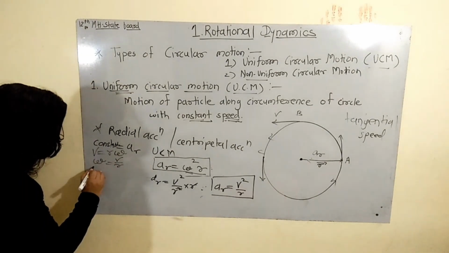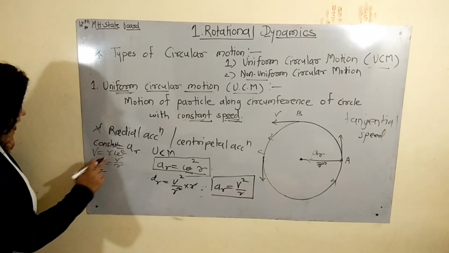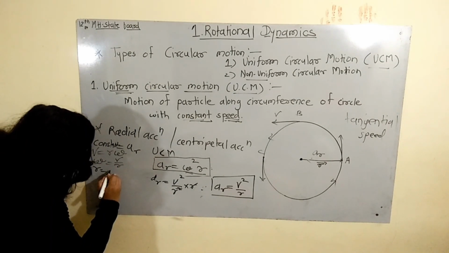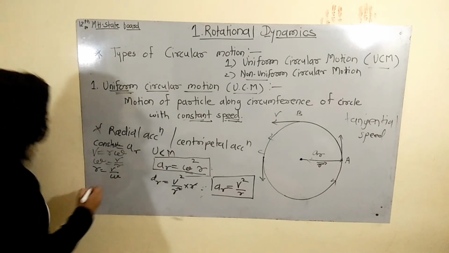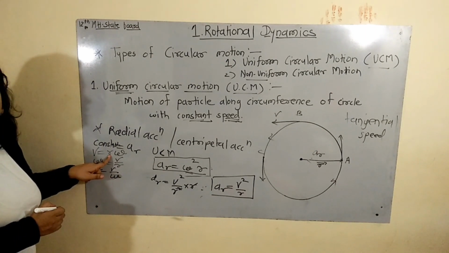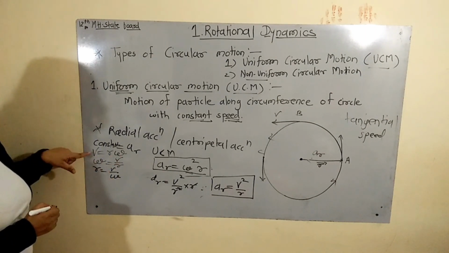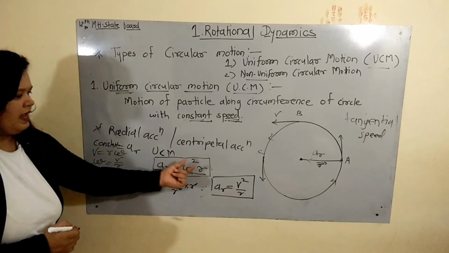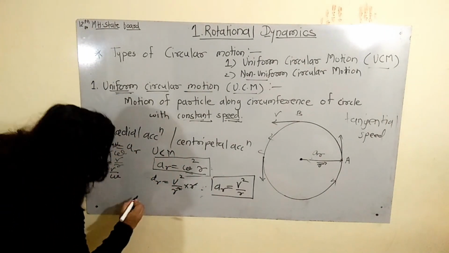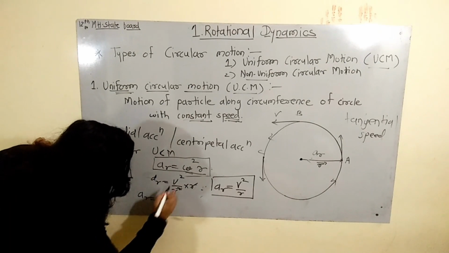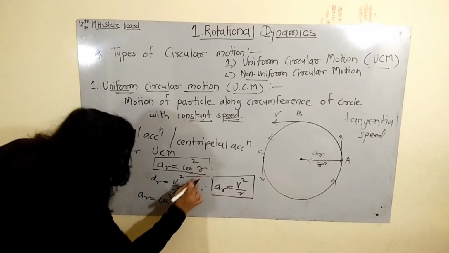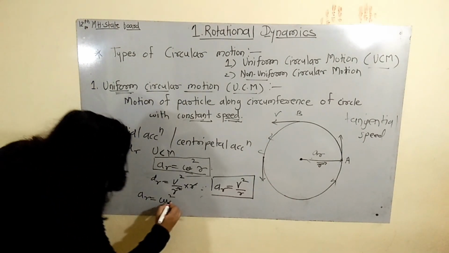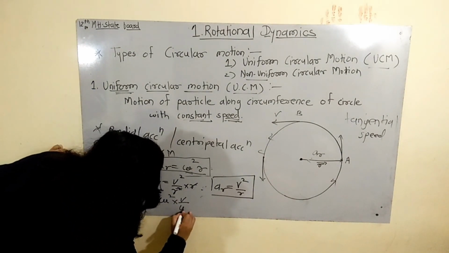Now if you find the value of r, we will get r is equal to v divided by omega. If we take this value of r and put it in this equation, we will get a_r is equal to omega square, and instead of r we may write v divided by omega into v divided by omega.